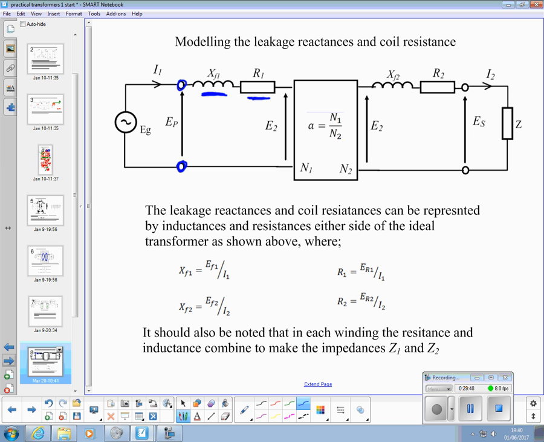Here's our ideal transformer of ratio A, our number of turns on the primary and secondary, and here's our E2. So that bit is our ideal no loss transformer in the middle, and then we've got this inductor here representing the leakage flux in the secondary, and this resistor represents the resistance of the secondary windings.